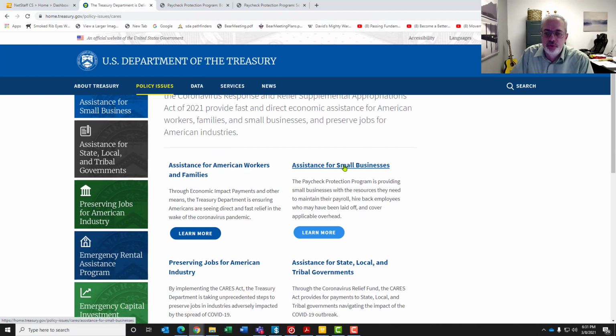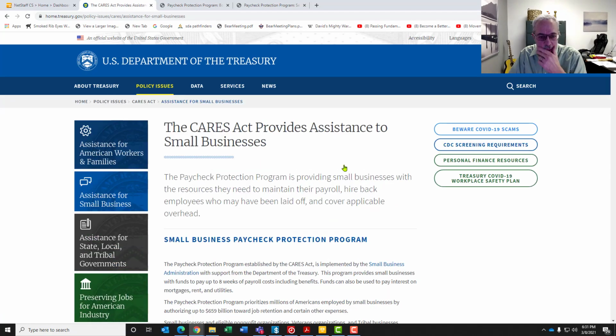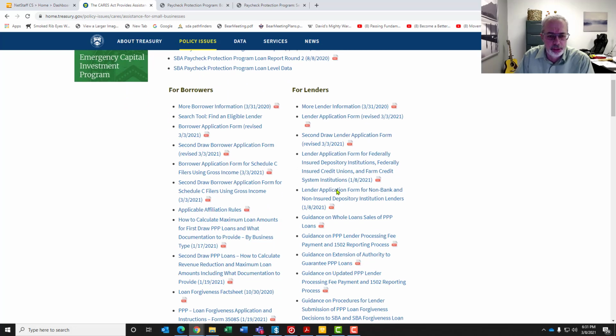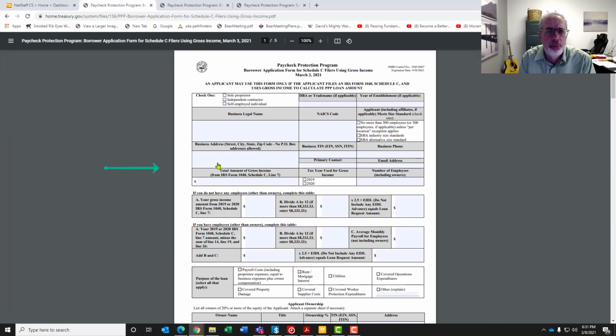Over here is assistance for small business. Click that. And then down here is all our forms. So to start with, we're going to do the borrower application form for Schedule C filers using gross income, because that's the big change. That's what we're going to go through. We've done the other stuff before. So here we are. We're going to open this form.